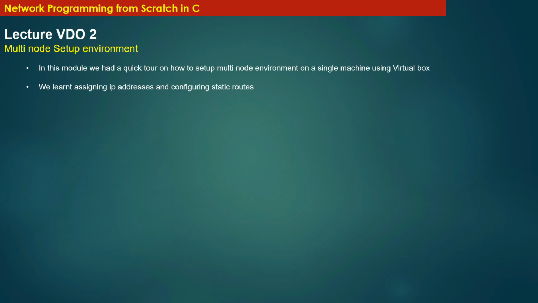Why are they static? Because they are being configured by the administrator manually, right? So such routes are called static routes. And we were able to ping machines which are more than one hop away. For example, we were able to ping VM2 from VM and VM from VM2.